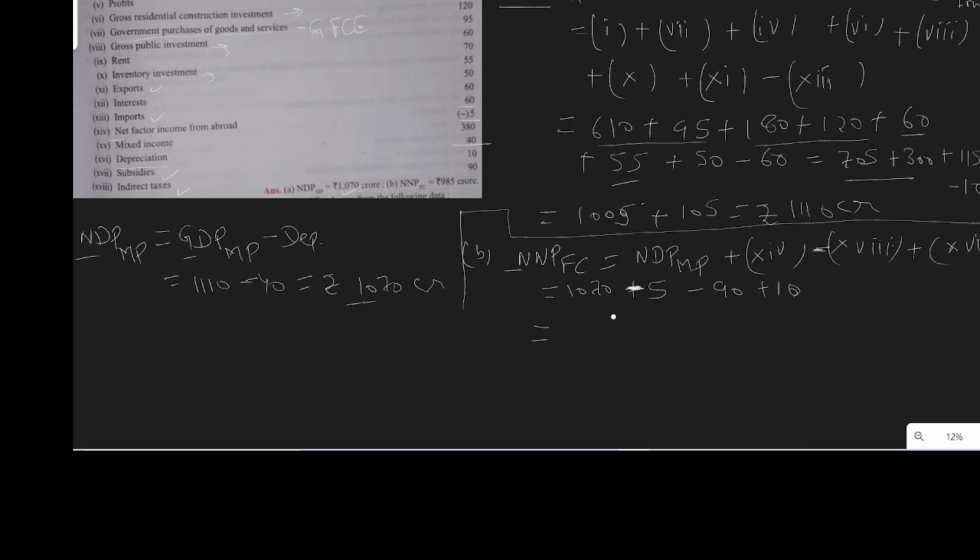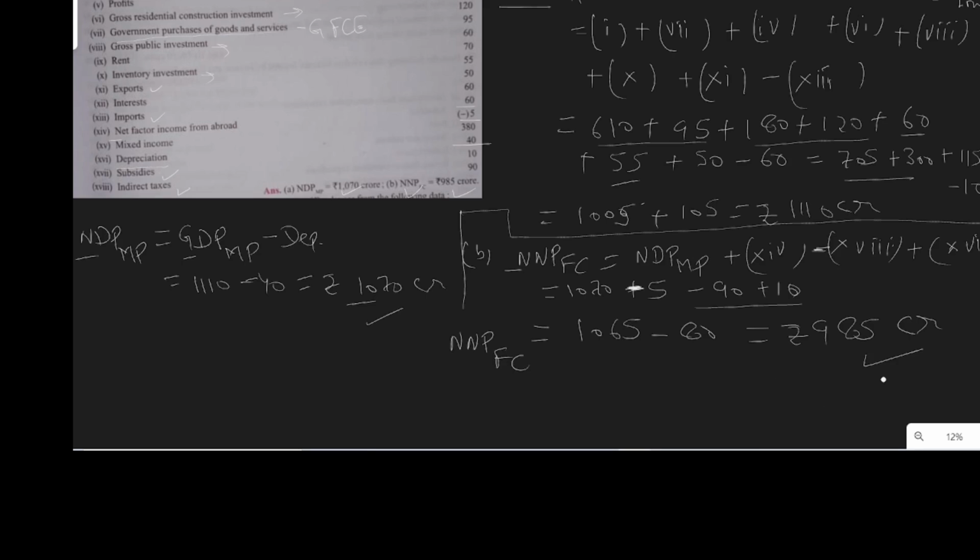So 1070 minus 5, 1065. Minus 90 plus 10, different sign, subtraction, 80, sign of the larger number. 90 is larger, it is minus, so minus 80. 65 and 15 is the difference, so 985 crore rupees. This is NNP at factor cost, and this is the correct answer.